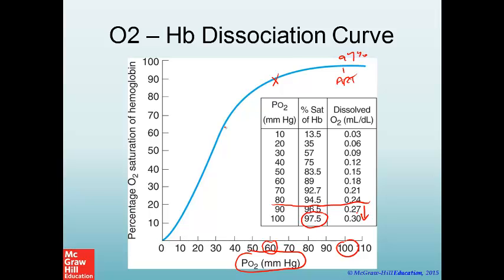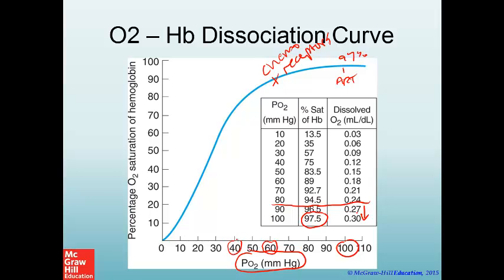So those receptors that exist in the carotid arteries and the aortic arch aren't going to respond until arterial PO2 drops below 60. Then they're going to start to increase their discharge rate. You'll get the chemoreceptive response.